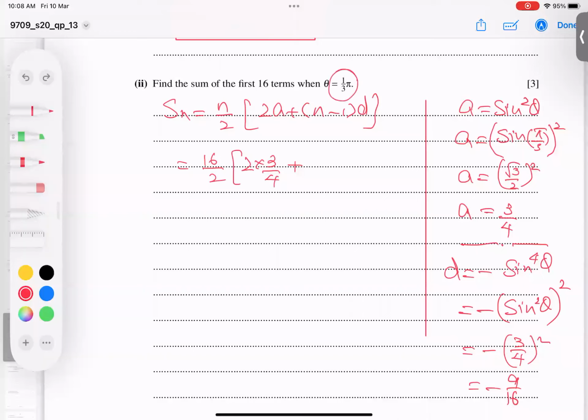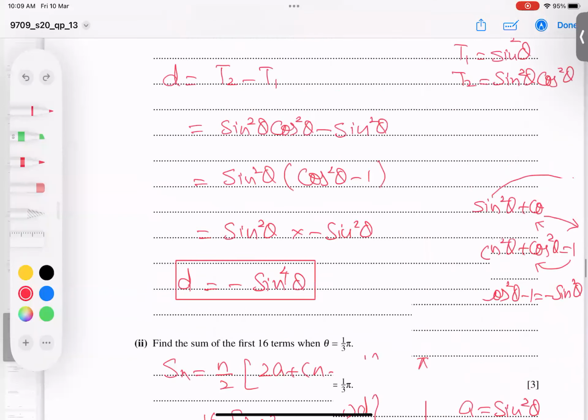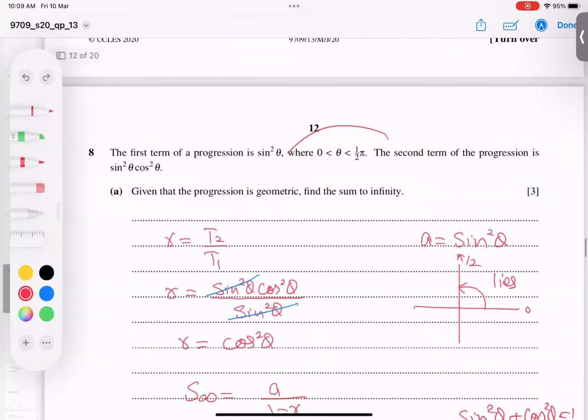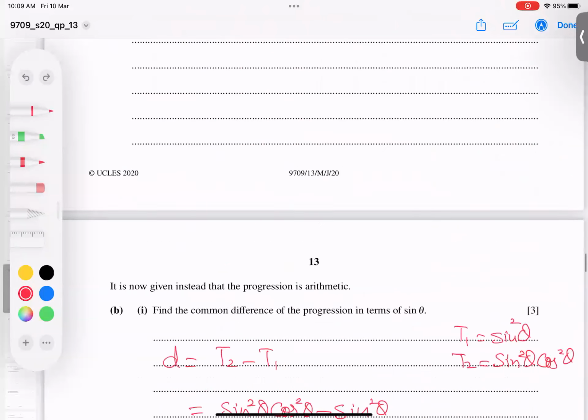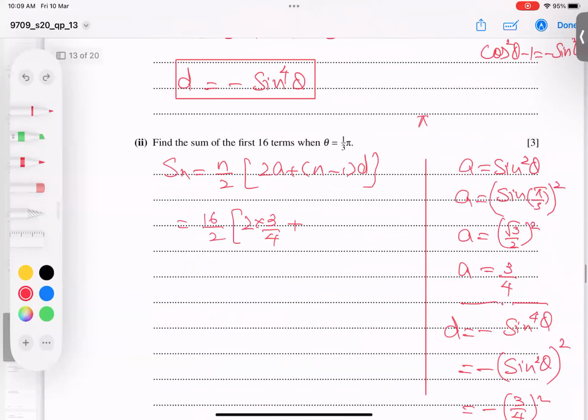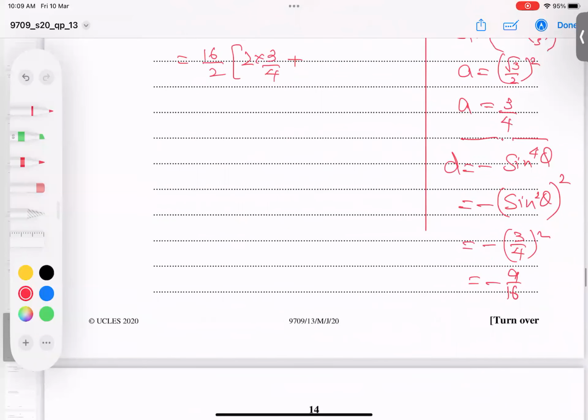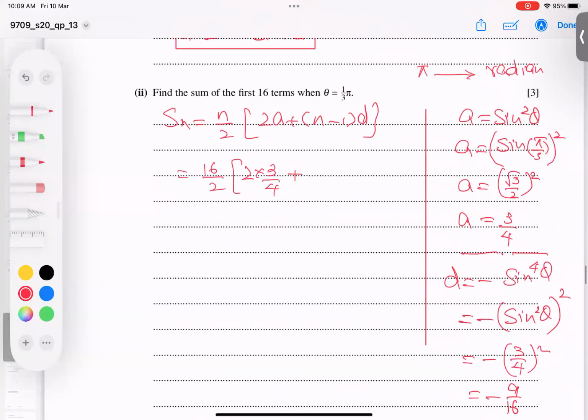Students, make sure whenever pi is involved in the question, even in the first question he mentioned pi, it means you must convert your calculator to radian mode. So don't forget it. It's a very important thing. Actually, I typed in radian mode, so there's no problem at all.